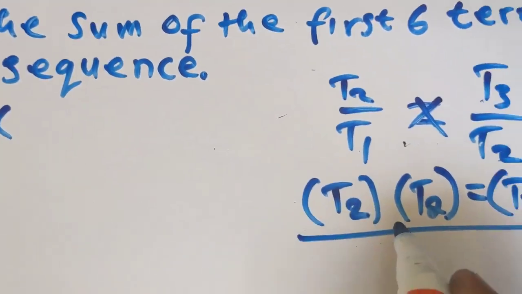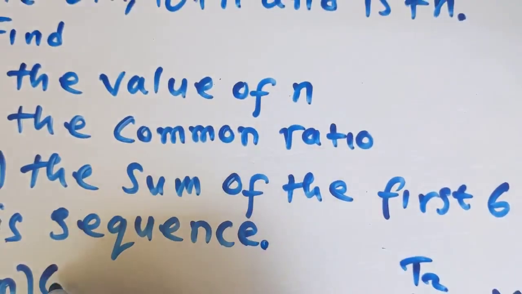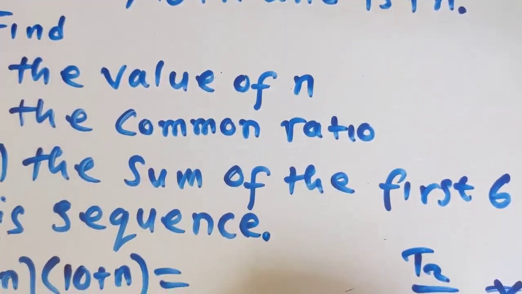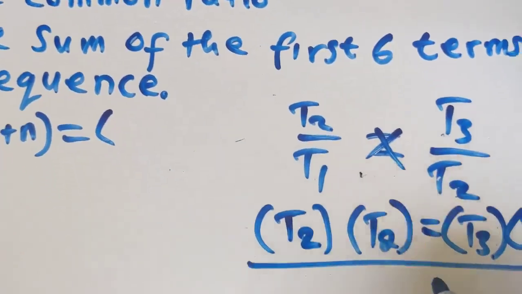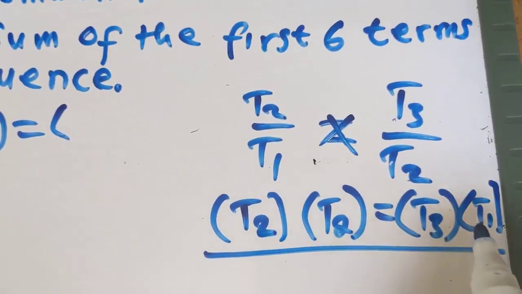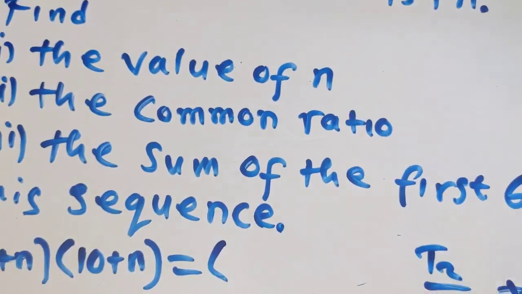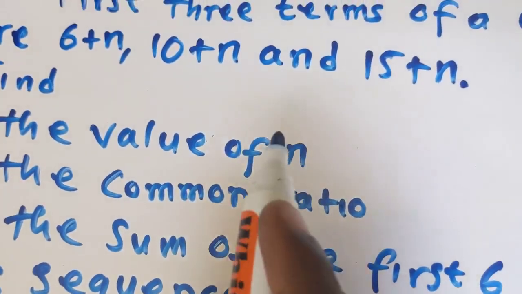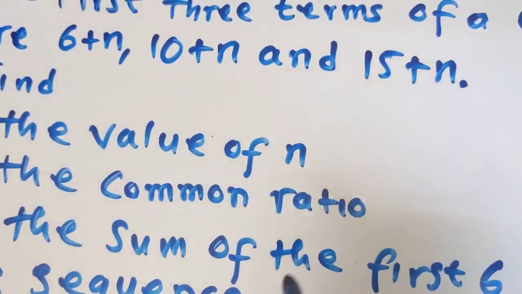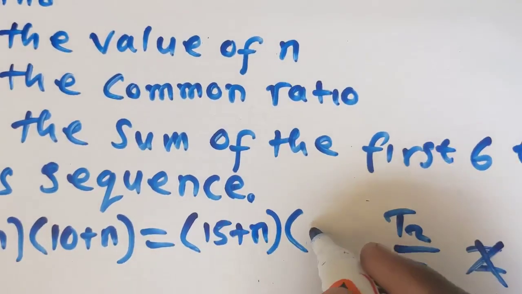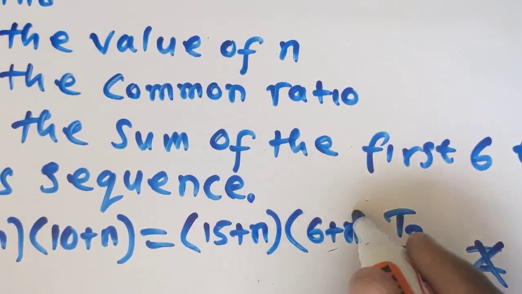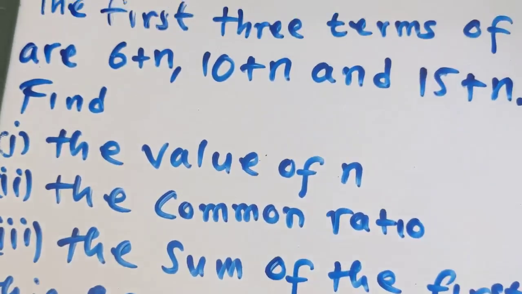We are multiplying term 2 times term 2, so that is 10 plus n again, is equal to term 3 multiplied by term 1. Our term 3 is 15 plus n, then term 1 is 6 plus n.